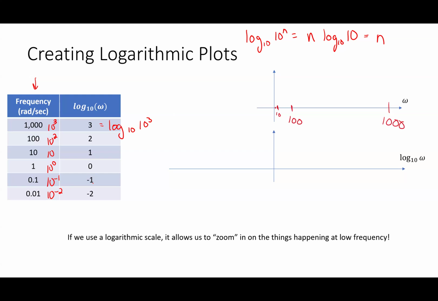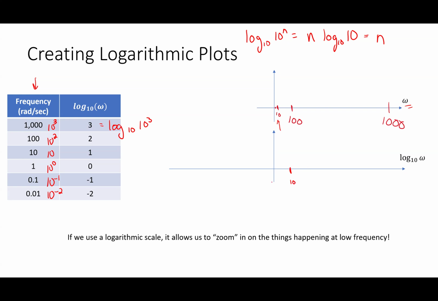So essentially what that means is if I'm looking at a linear scale for my frequencies, as I go from 0 to 10 to 100 to 1,000, what would that look like on a log scale? Well, 10 would be at 1 on a log scale.